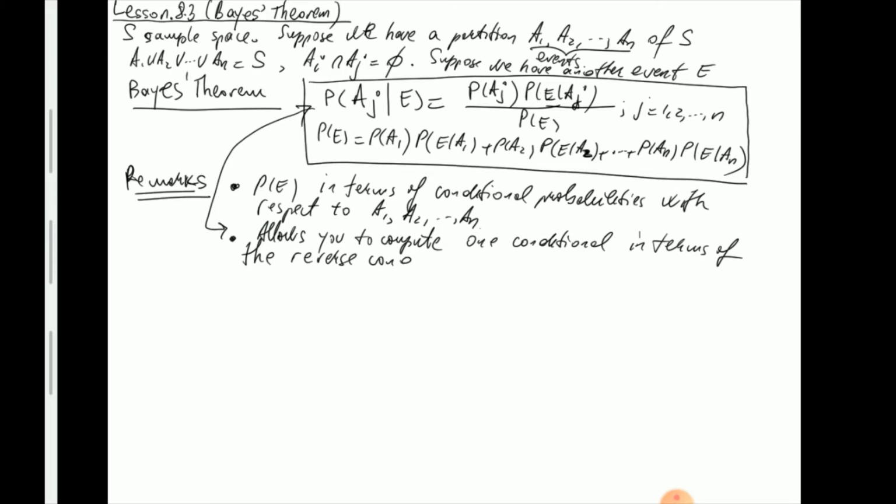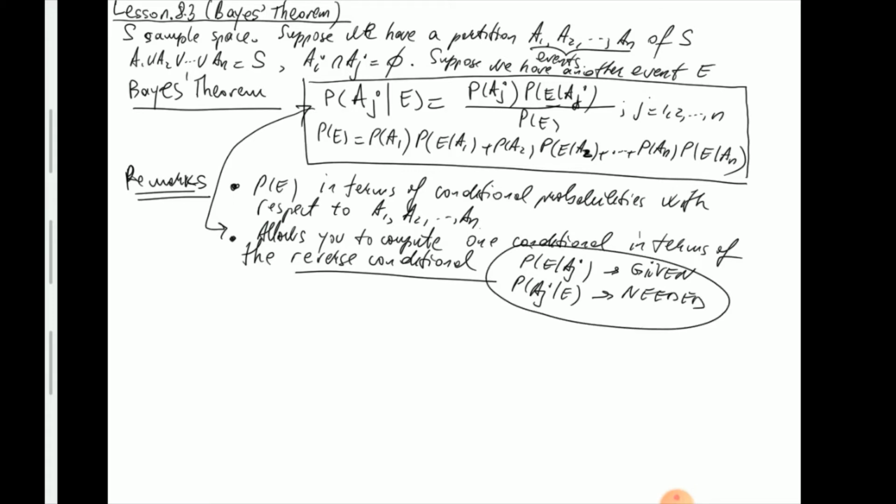So in other words, imagine that P of E given AJ is given. The data is given in terms of these conditionals, but you need the reverse conditional, P of AJ given E. These two remarks encapsulate the essence of the usefulness of this formula.